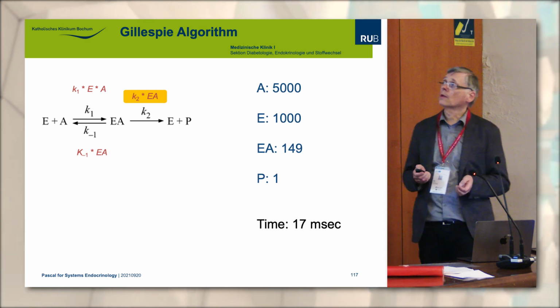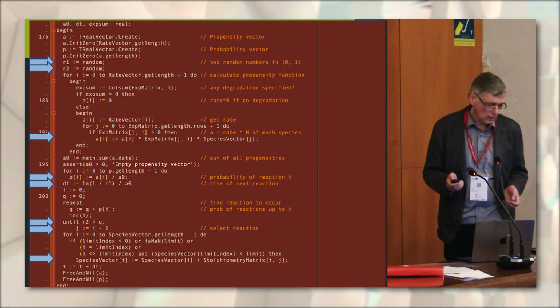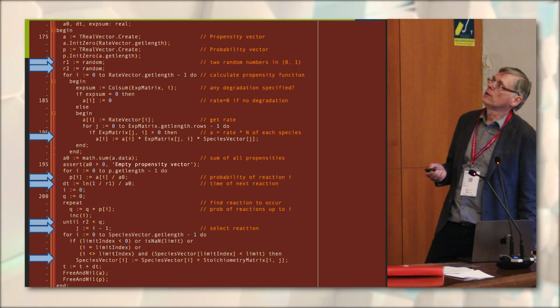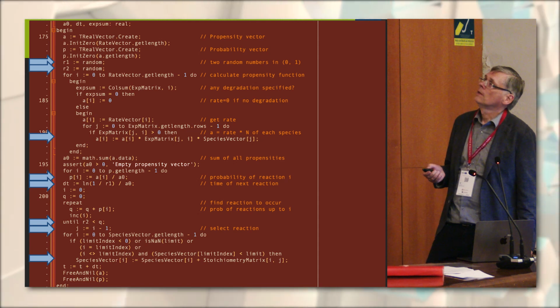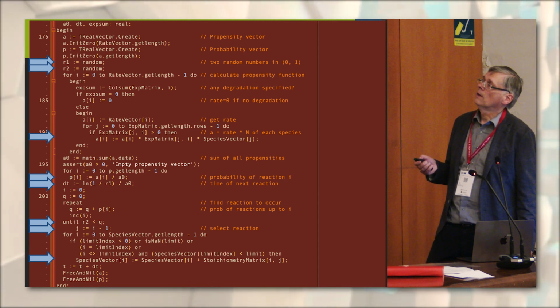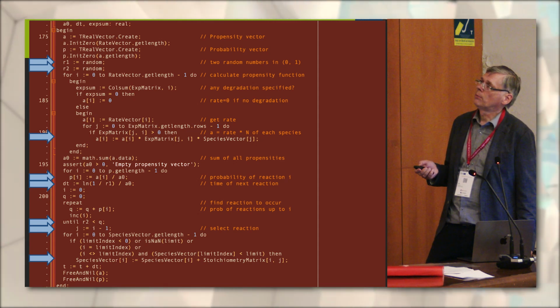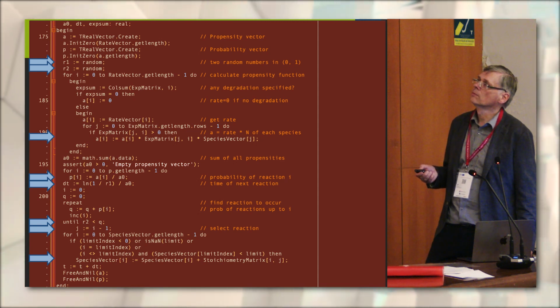And we have implemented it in Pascal here, and I try to explain it to you. Here we generate the two random variables, which we use later. Here this is a species vector, which is used with an exponent matrix to produce the propensity for the reaction and then the probability of the reaction.